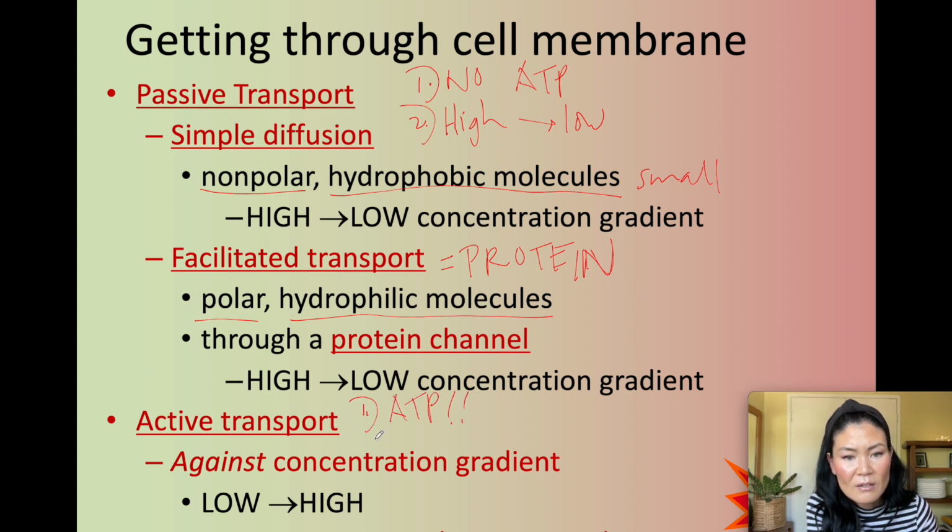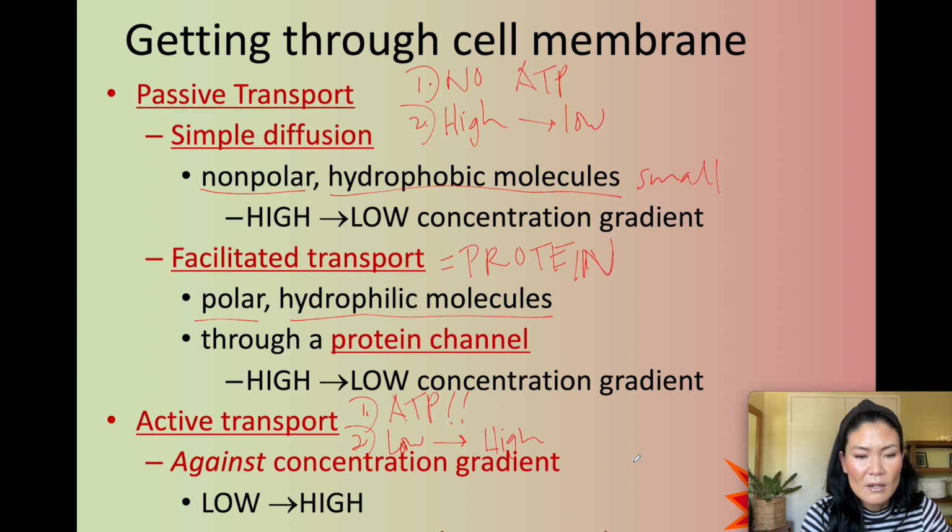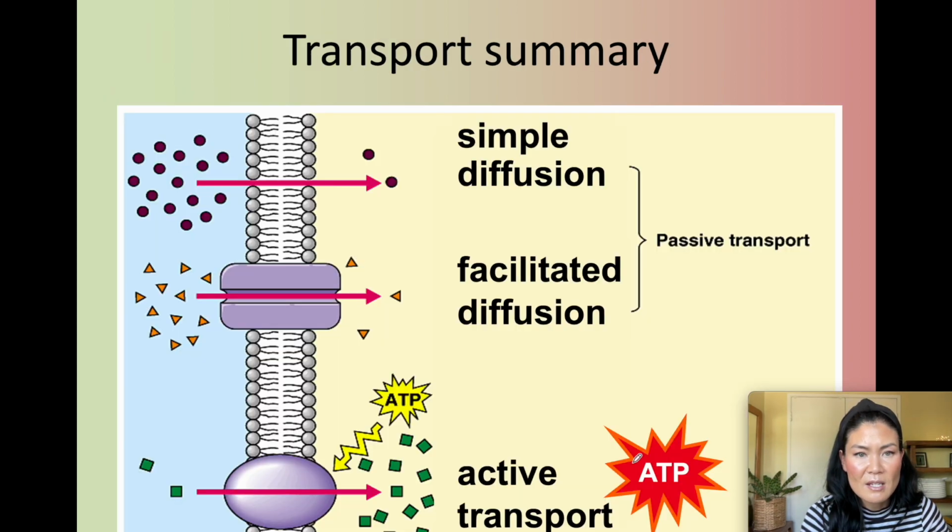And it's not from high to low, but the protein pump is pumping molecules from low to high. It's creating a concentration gradient, where there's more on one side of the membrane, okay? And so it's a protein pump which requires ATP.